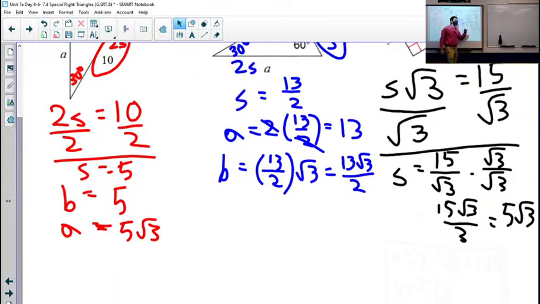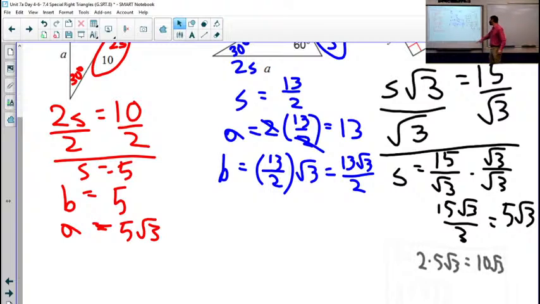And then to simplify here, remember we can only simplify and multiply and divide if either they're both out of the square root or they're both in the square root. I can't simplify something out with something in. So the 15 and the 3 are both out of the square root, so 15 over 3 is 5 square root of 3.